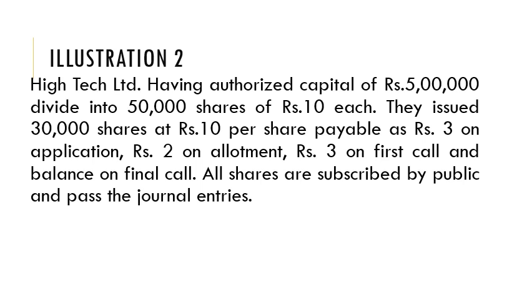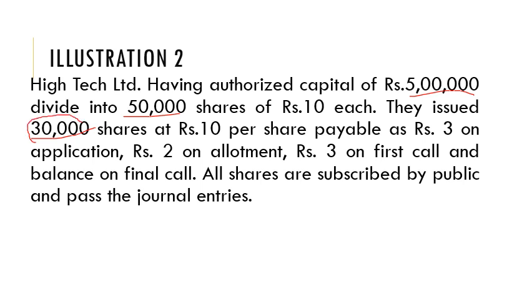Then here is one question for you. Just try out this question and pass all the journal entries required. You need to identify what the items are in this one. First of all, here is the authorized capital of 5 lakh rupees, which was divided into 50,000 shares of rupees 10 each, and the issued capital is 30,000 shares.